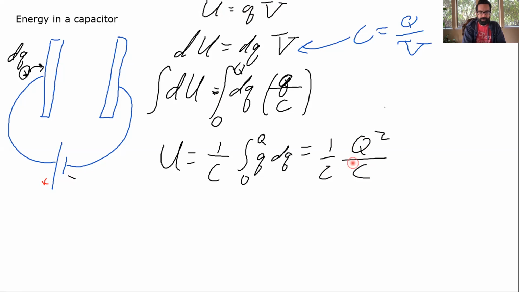And that's not the only equation. If I use the same equation I have up here and make different substitutions, I get different equations. You get 1/2 CV squared, or, what would be the other one? 1/2 QV.